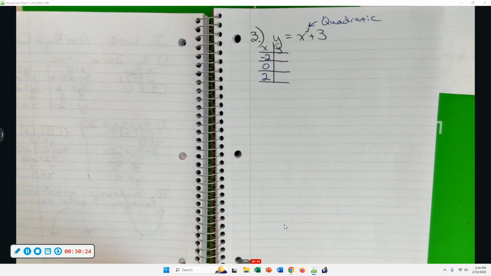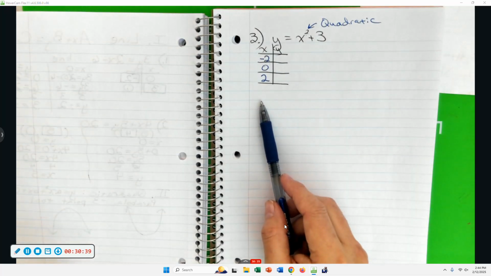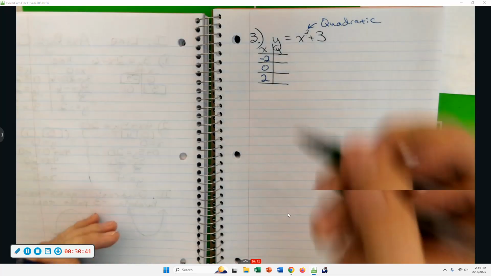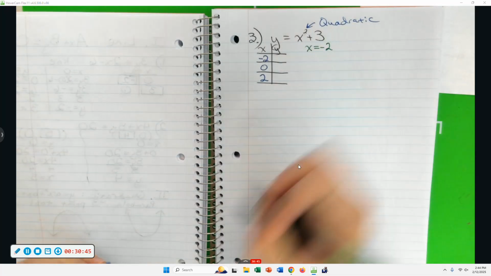For lines, they'd give you a number to plug in for x, and they'd give you a number to plug in for y. In this case, are we going to be plugging in any numbers for y? No. The numbers they're giving us are all x values. That's nice. It makes it easy. So we'll start off with -2. We're plugging in -2.